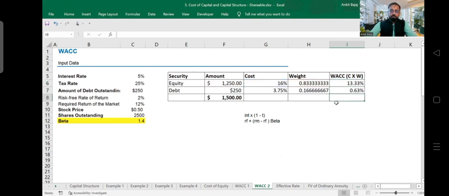And if you see what the total is, it is 13.96%. This is how you have to calculate the weighted average cost of capital. So the overall cost of capital is 13.96%. Is it clear? This is how you have to calculate the WACC.